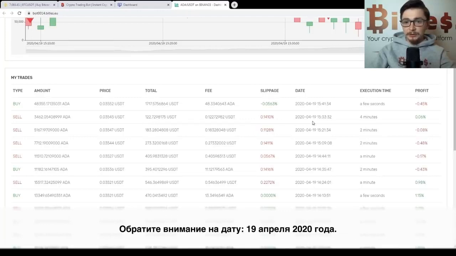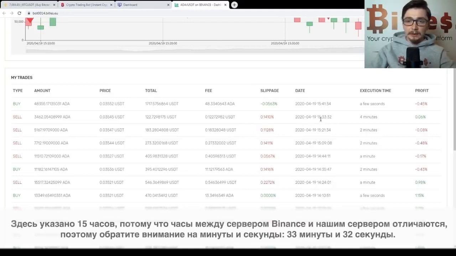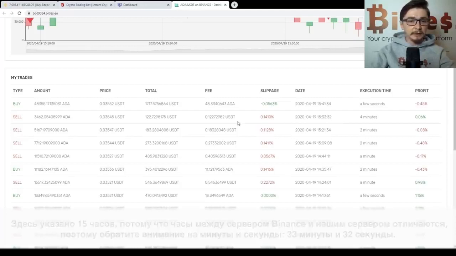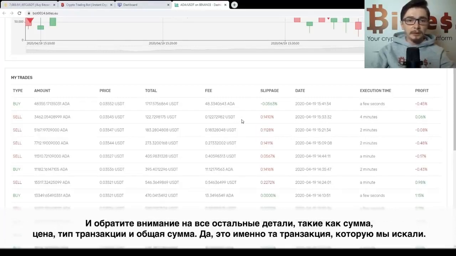Pay attention to the date. It's April 19, 2020. It's 15 hours because the hours between Binance servers and our hours are different, so pay attention to minutes and seconds. 33 minutes, 32 seconds, and pay attention to all the other parameters, the details of the trade as well, like total, price, amount, and type of the trade.